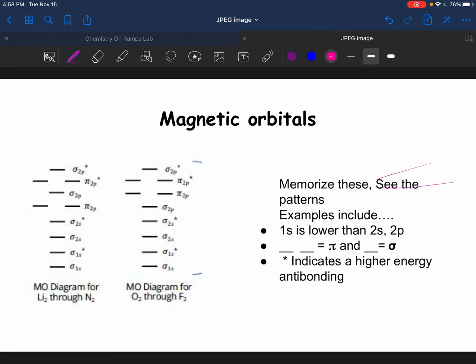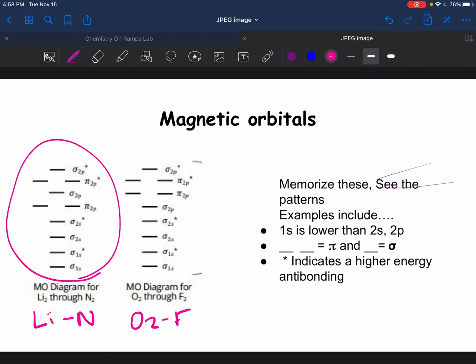So for molecular orbitals, you're going to have to memorize this. For elements lithium through nitrogen, you're going to use this pattern. For oxygen through fluorine, you're going to use this pattern.